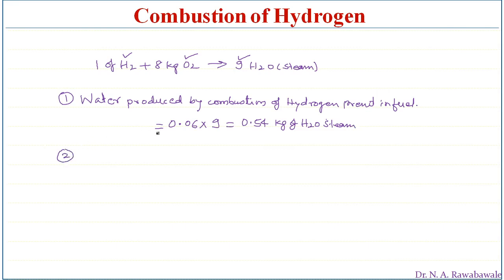Then, to produce this much water by combustion of hydrogen, which is 6% in the fuel, we need the oxygen required for combustion of hydrogen.